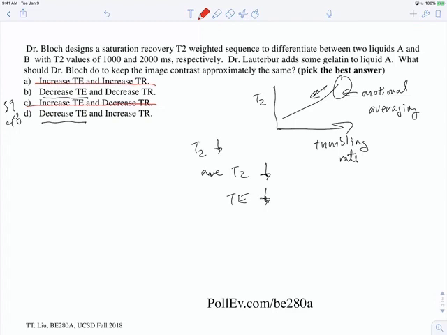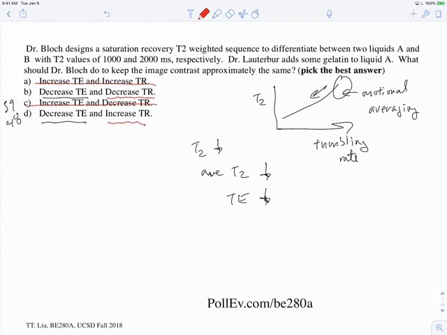So do we want to increase the TR or decrease the TR? And it's a forced choice here. It's not letting you keep the TR the same. So what would happen if we decrease the TR? What might happen? The what?